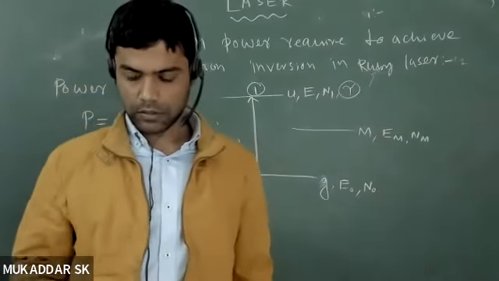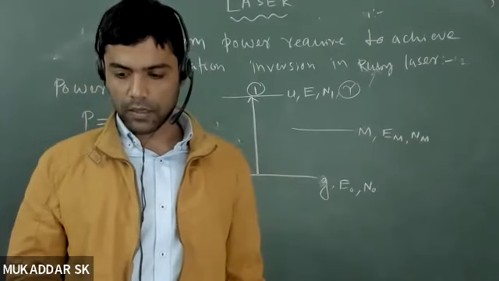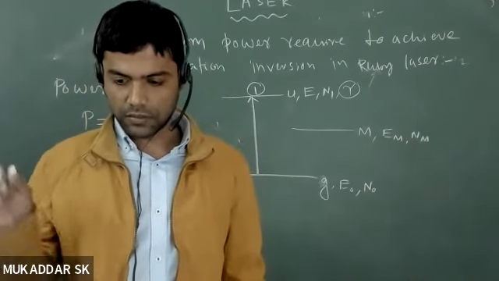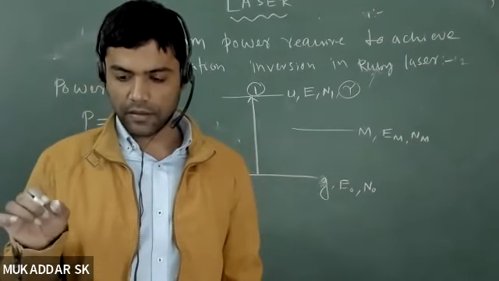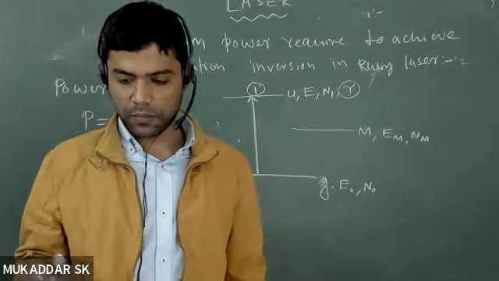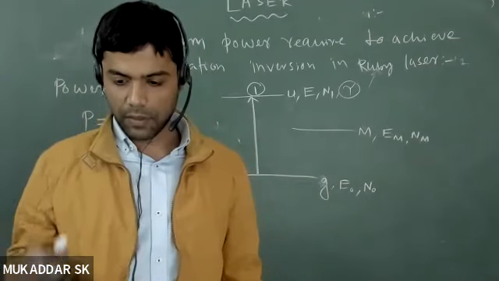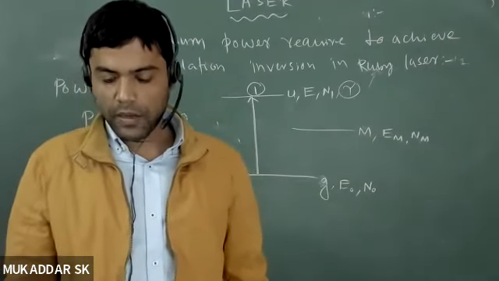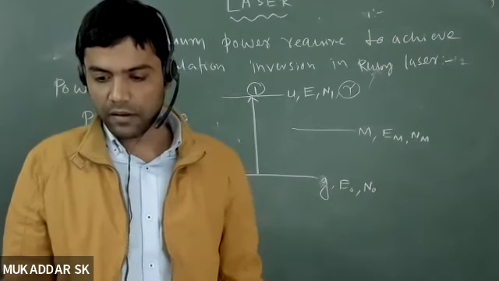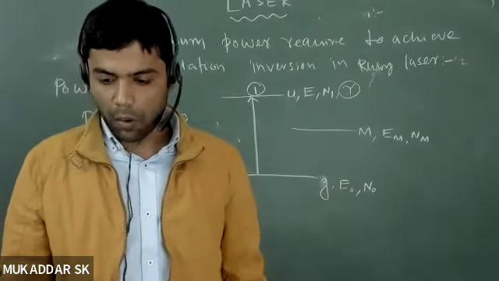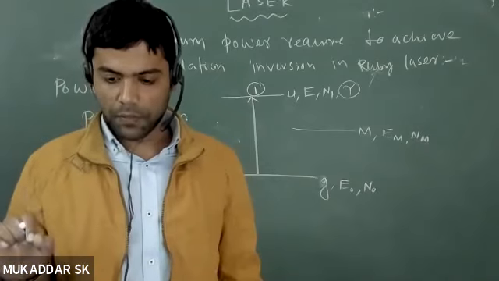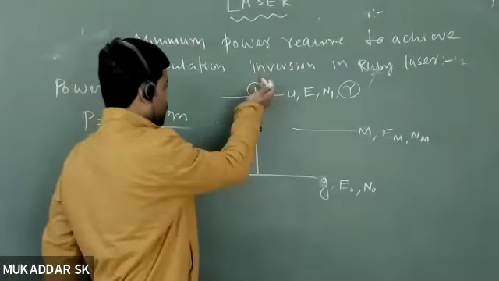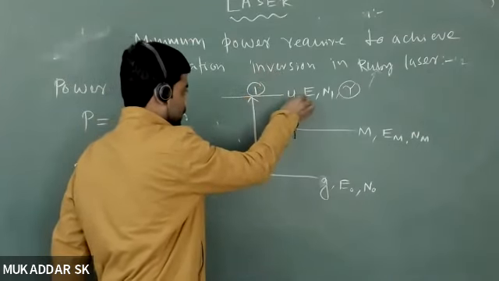Yes. Power is nothing but energy per unit time. Since nu P is the frequency, energy will be h nu P, and in place of time I'm using the lifetime of the upper level, tau. Now h nu P by tau represents the power that we have to give to maintain a single atom or ion at level u.